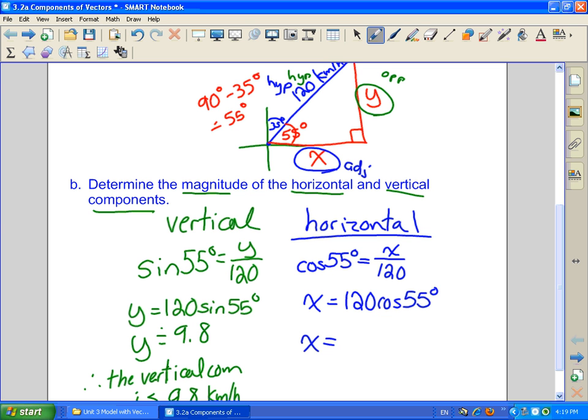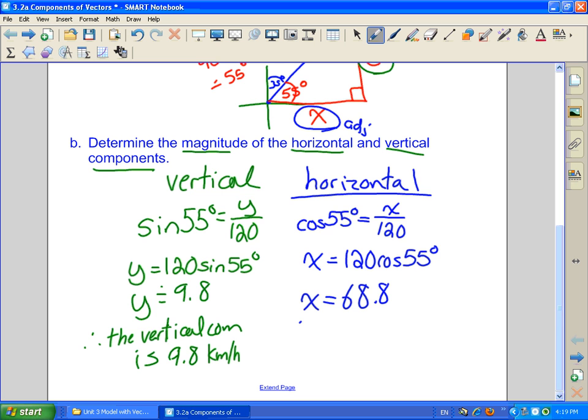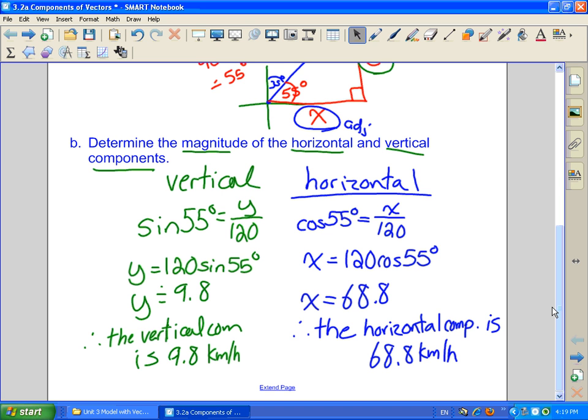Plugging that in our calculator, we're going to have, hopefully, 68.8. Therefore the horizontal component is 68.8 kilometers per hour. Basically all we're doing is doing SOHCAHTOA and finding either the adjacent or the opposite sides.